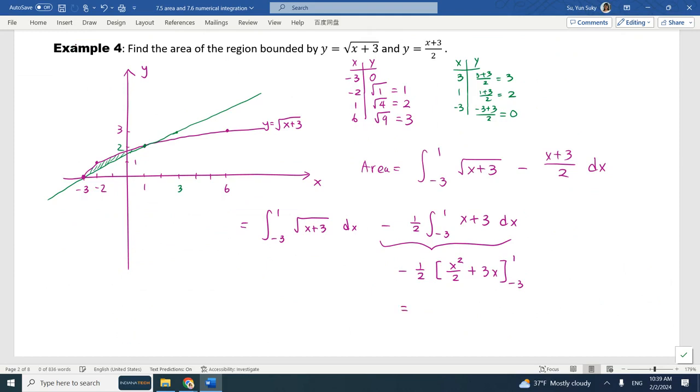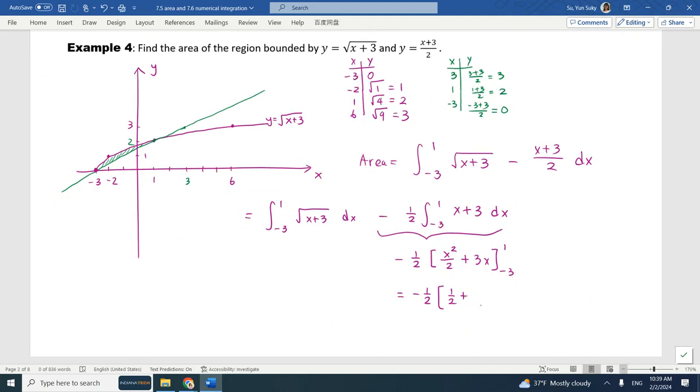So that equals -1/2, and then we plug in 1 first. If we plug in 1, what happens? 1/2 plus 3. But then minus, you have to be careful, if you put minus you need a parenthesis.